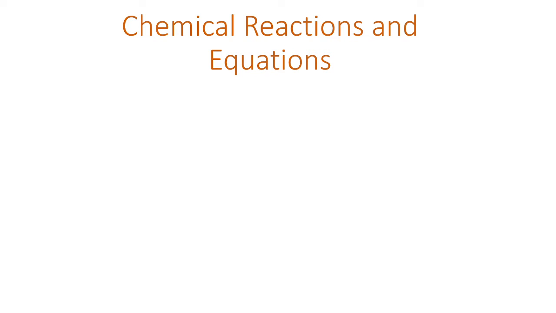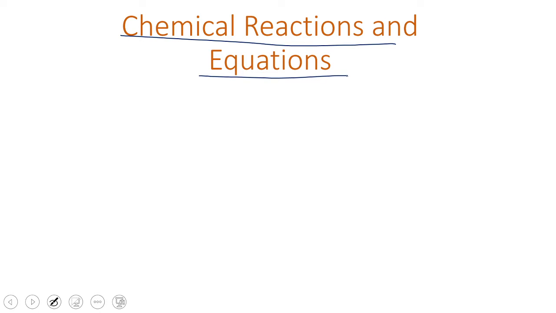So let's start our lesson today, that is chemical reactions and equations. Right. So in lower classes you already studied about physical changes and chemical changes. Right. You already know about physical and chemical changes.